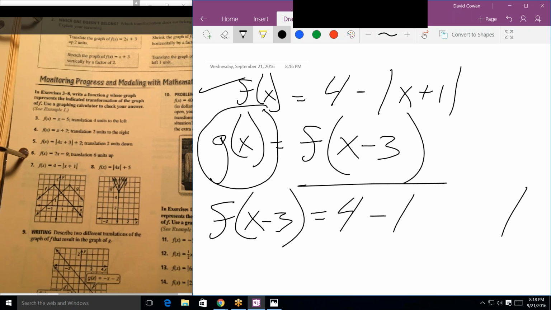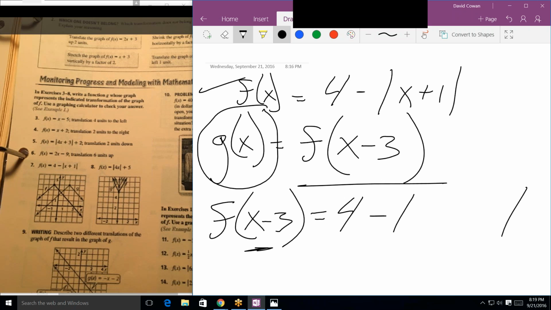Remember what you do when you have something in the parentheses that's not x, whether it's a number or another type of x like x minus 3: you substitute whatever's in the parentheses for x in the original function.